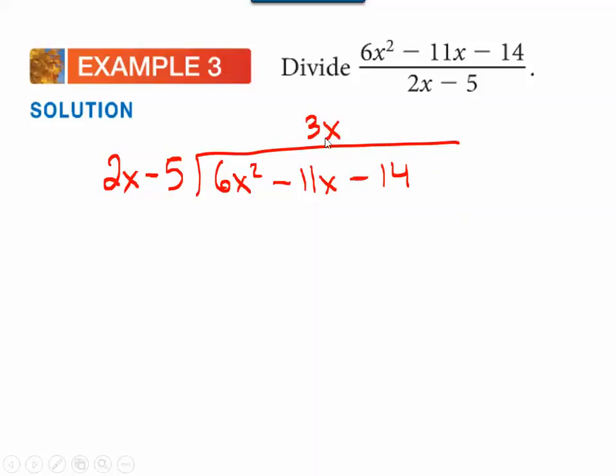I'm going to write it above the x column. So 3x times 2x is 6x squared as needed. And then 3x times a negative 5 makes negative 15. Alright, subtracting. And again, with the weird negatives, I'm going to be adding the opposite. Makes it a little easier to look at.